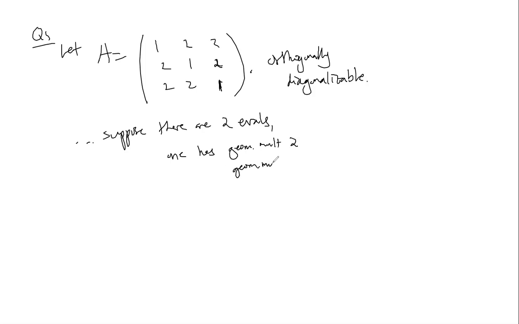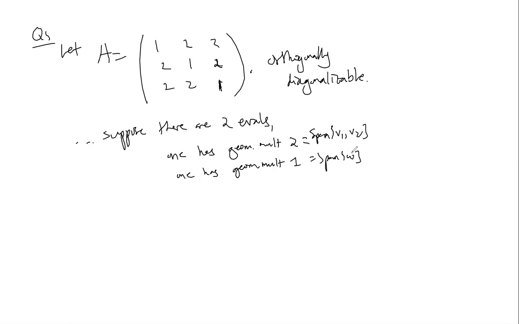So it is diagonalizable, right? And so now you have a span of 2 vectors here, v1 and v2, and this is a span of 1 vector, I don't know, w, right?